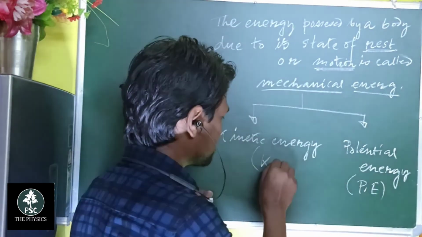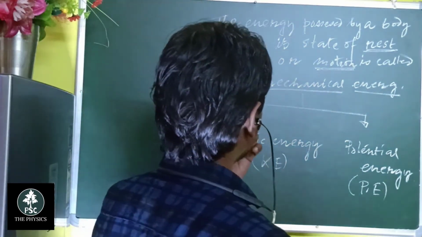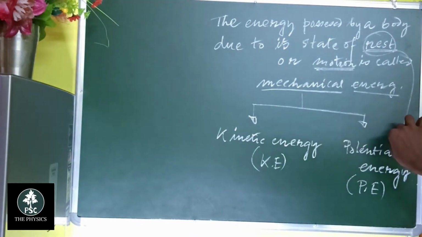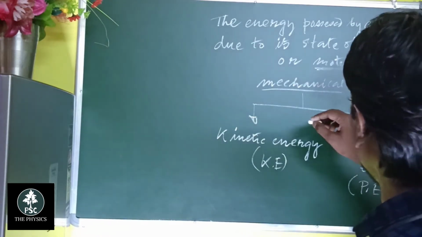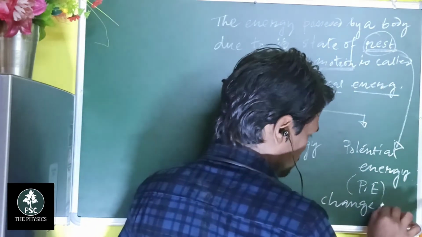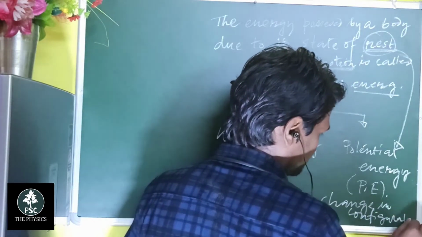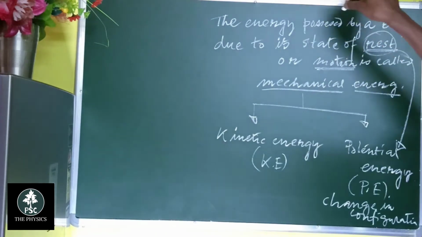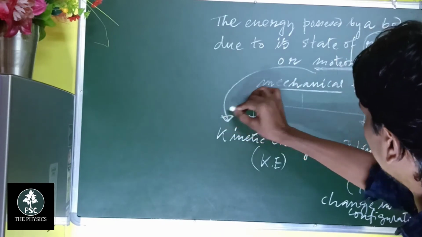The energy possessed by a body due to its rest is called potential energy, or due to change in configuration. And the energy possessed by a body due to its motion is called kinetic energy.